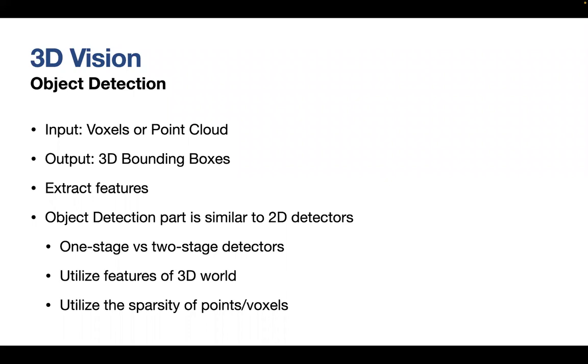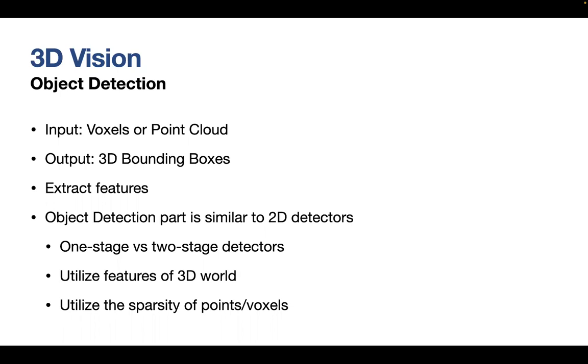They usually also, in addition to the 2D detectors, utilize the features of the 3D world. For example, if you have a point cloud, it's way easier to cluster closer points in 3D than in 2D, because in 2D we have all the neighboring pixels, but in 3D we don't have this neighboring information so easily.